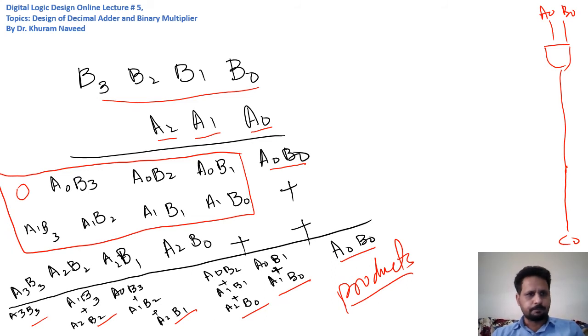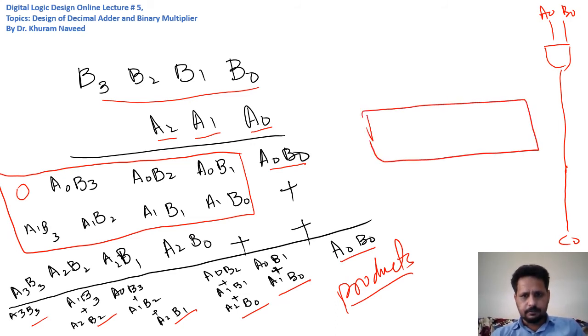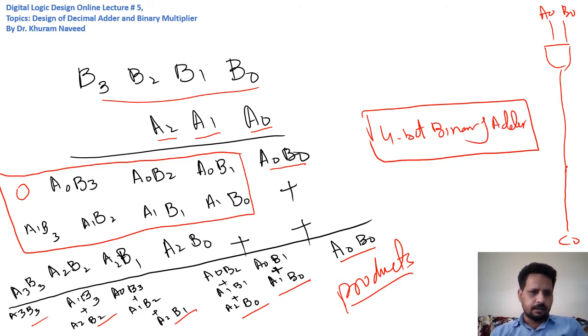So let's put a 4-bit binary adder here, and in this adder we have 3 AND gates here.